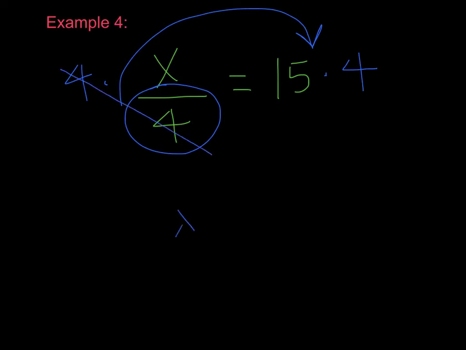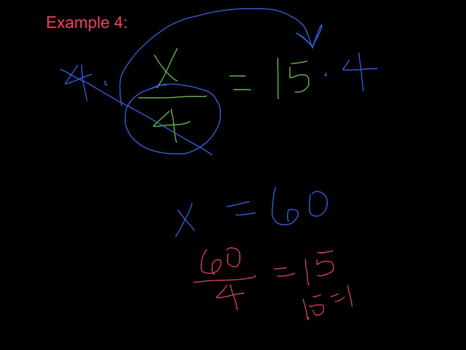So I have x on this side. And 15 times 4 is 60. This might be the most complicated when you're working with fractions. But that's okay. Just remember that multiplication undoes division. So 60 divided by 4, does that equal 15? 60 divided by 4 is 15. Yes, it does. So x equals 60 must be our solution.